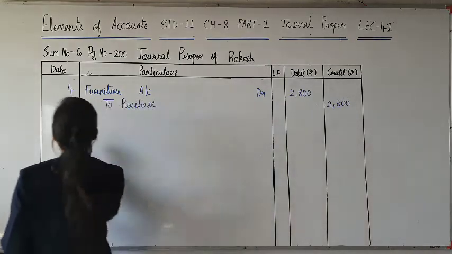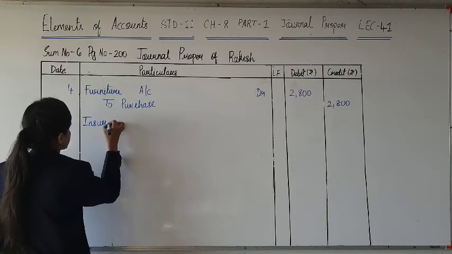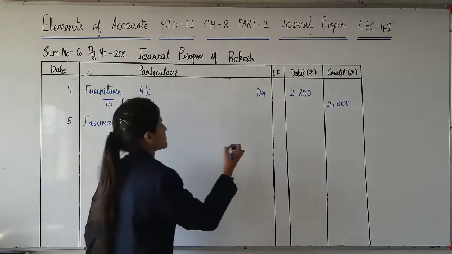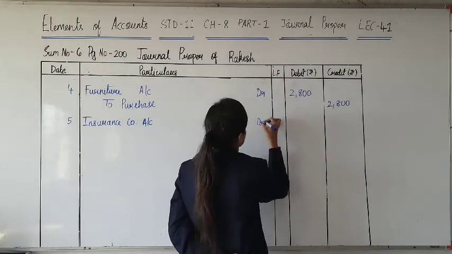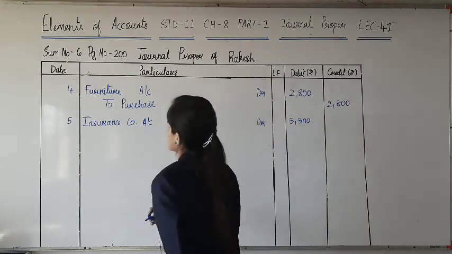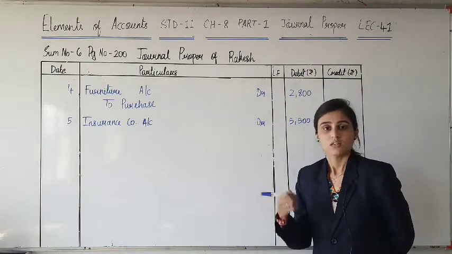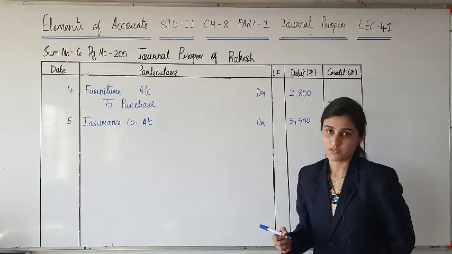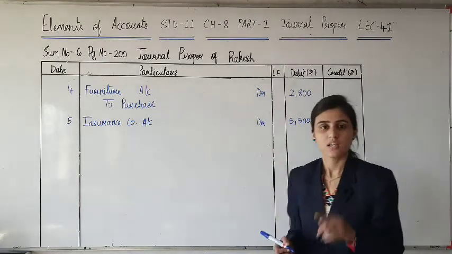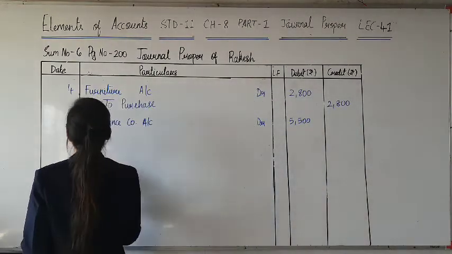Insurance company first of all will be debited. Why? Because insurance company has agreed to pay 5,500. So insurance company becomes my debtor. Debtors are always debited.